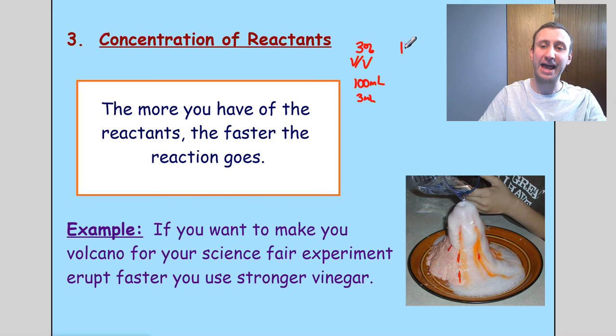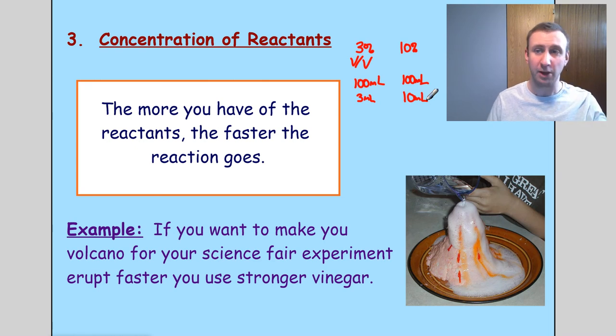Now, if I had 10% hydrogen peroxide, then if I had 100 mils of that solution, 10 mils of that would be the H2O2 and the other 90 mils would be water and so on. Well, as I go to higher and higher concentrations, the rate of reaction will go up. So the 10% will react much faster than the 3%. In the video you're going to see, I think they even have 30%.